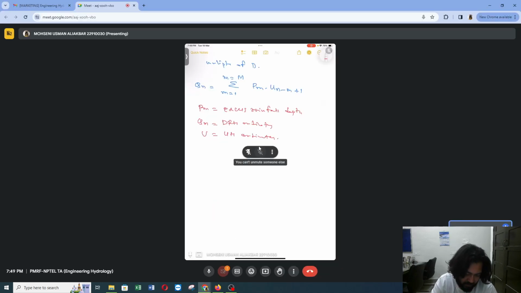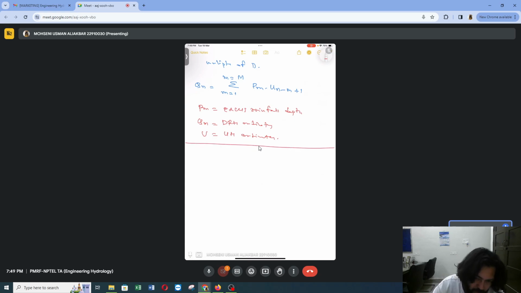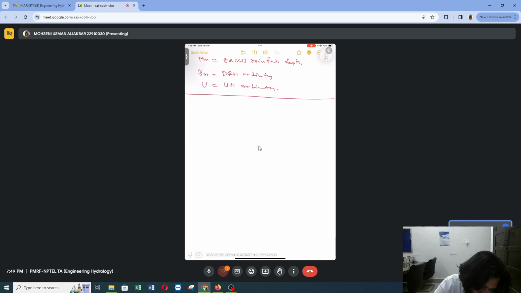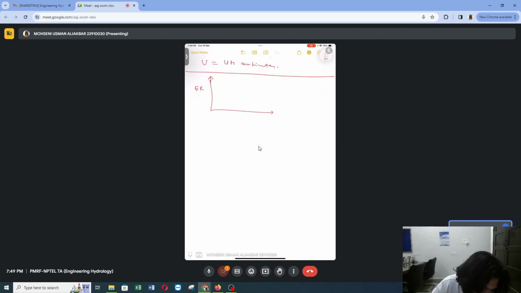Let us see how this equation can be used for different pulses. Let us say we have three input pulses. This is nothing but effective rainfall. So we have three input pulses, P1, P2 and P3.